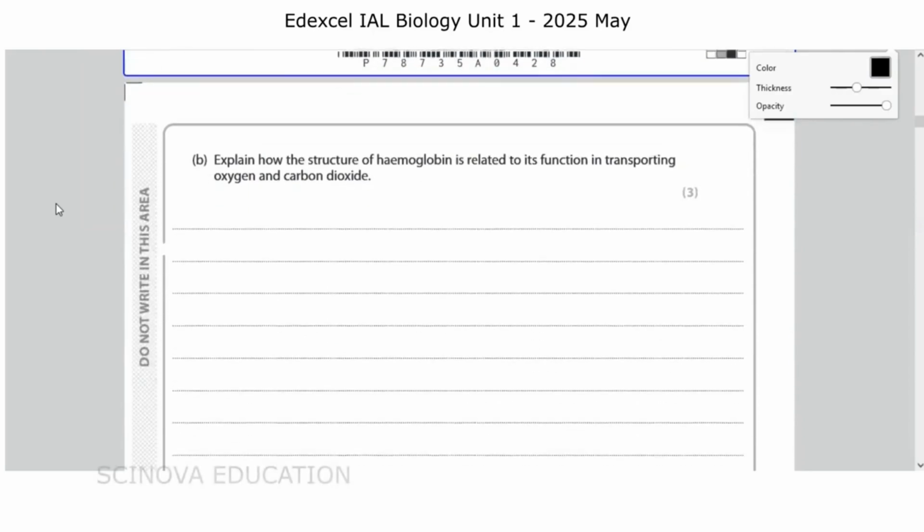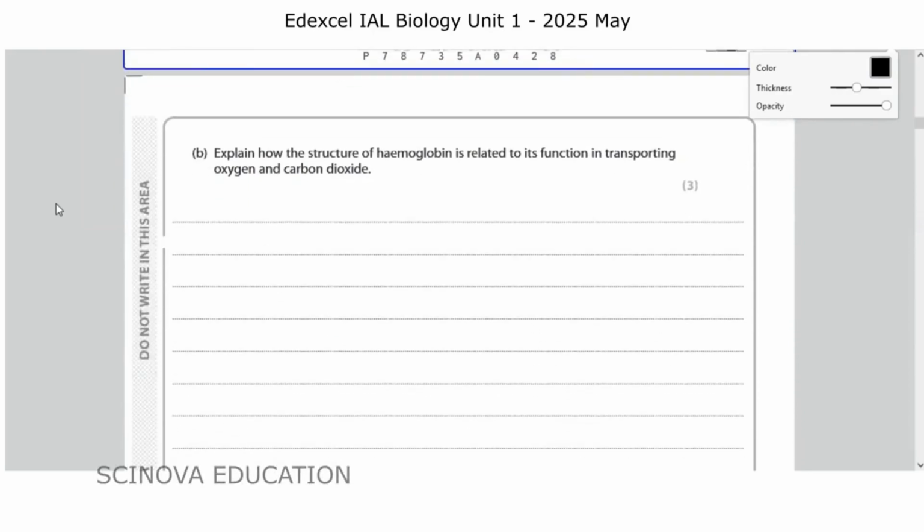Going further: explain how the structure of hemoglobin is related to its function in transporting oxygen and carbon dioxide. You are given 3 marks. So you have to talk about binding of oxygen, binding of carbon dioxide with hemoglobin, and why hemoglobin is a suitable way of transporting.